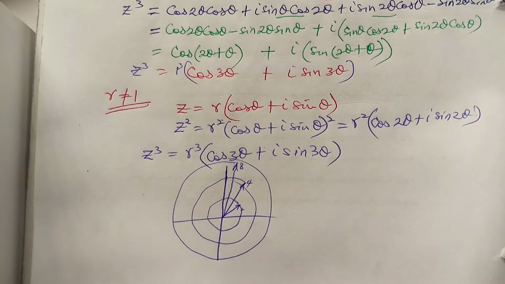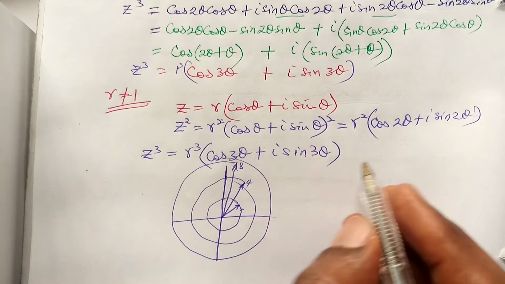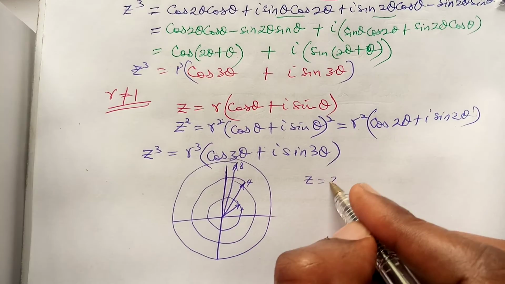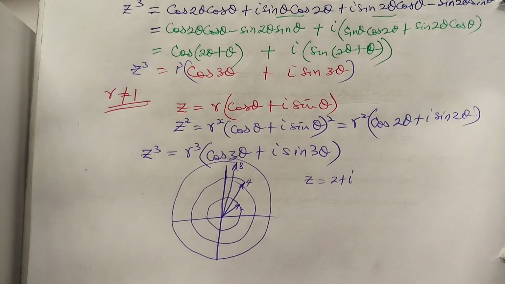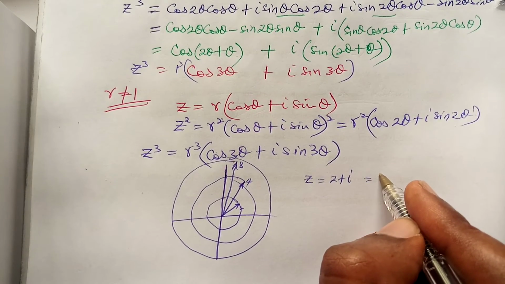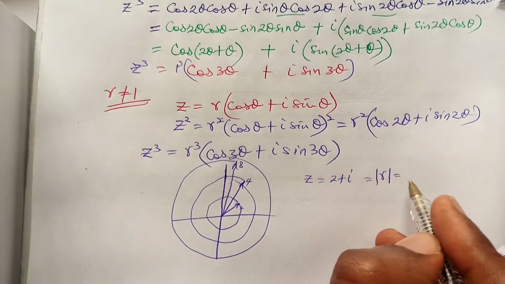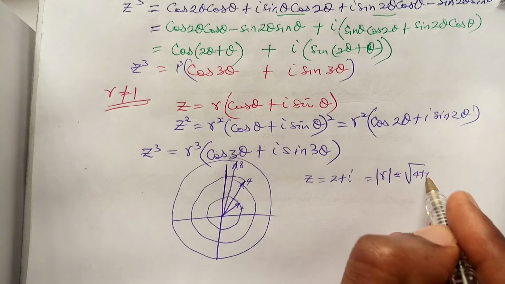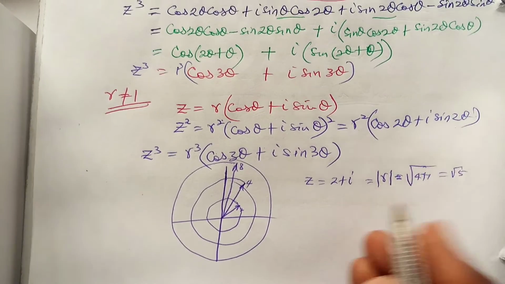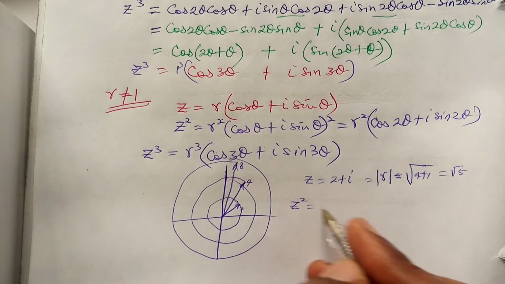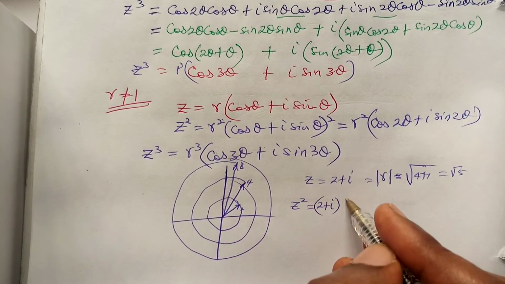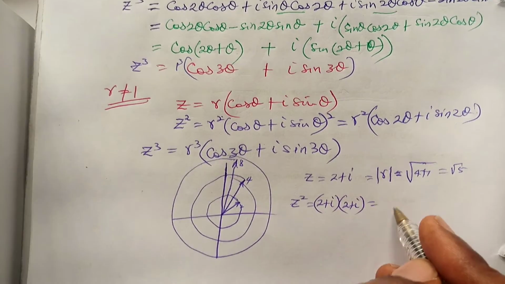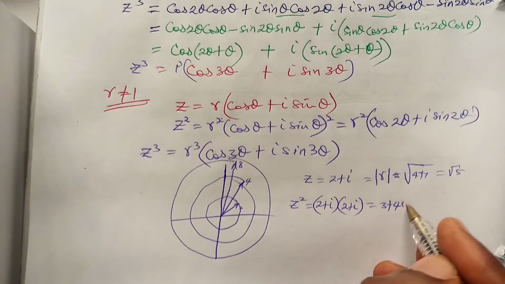With this, you can also show that if z is equal to 2 plus i, the magnitude, the modulus, is the square root of 4 plus 1, that's square root of 5. Therefore z squared is 2 plus i times 2 plus i, and if you multiply them, you have 3 plus 4i.